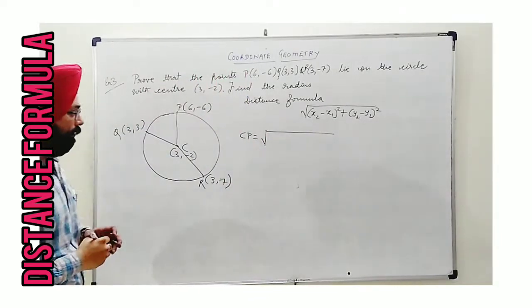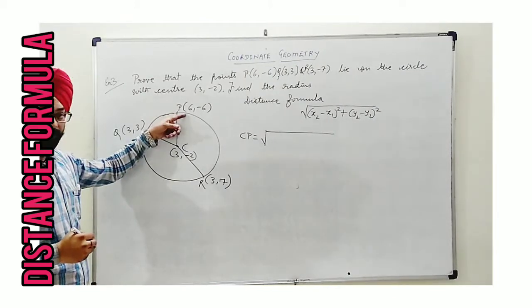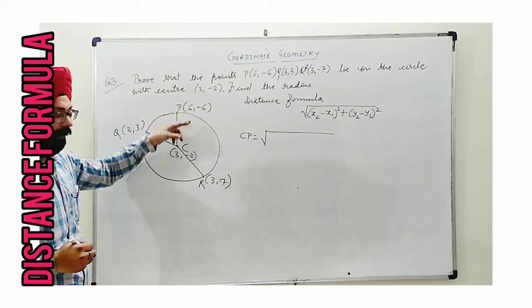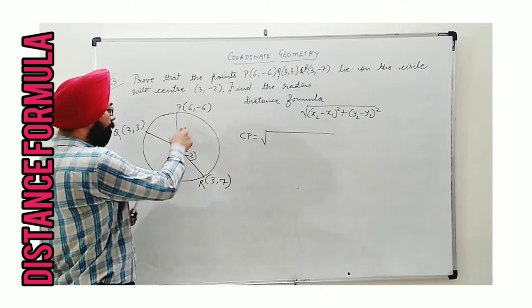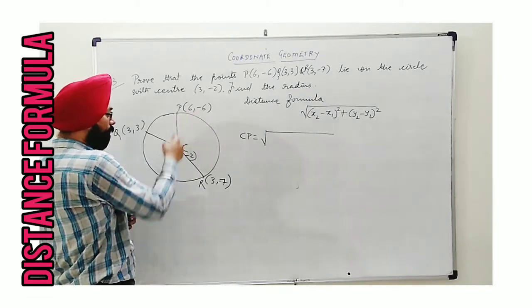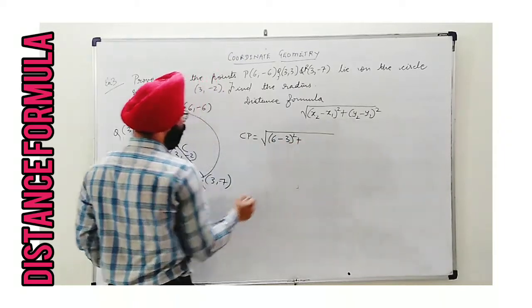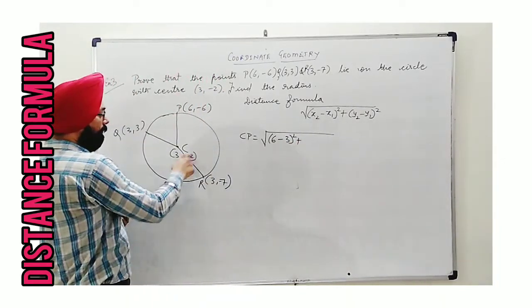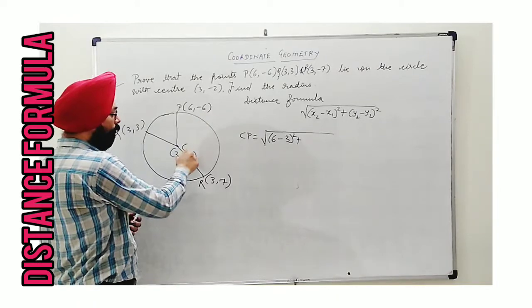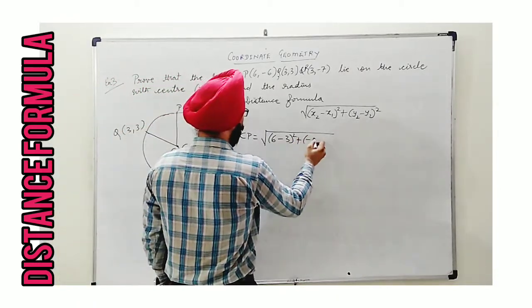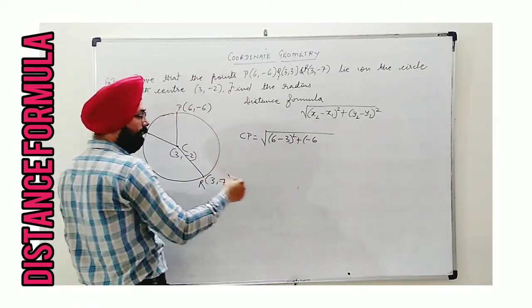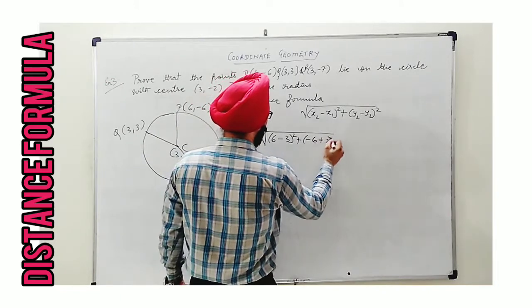Now I am applying in CP. Then for me x1, y1, x2, y2 are here. So I need the difference between 3 and 6, means first values. So we will write here 6 minus 3 whole square plus difference between second values. Take care, both are negative. So we have to take minus 6 minus 2. So that becomes plus 2 whole square.